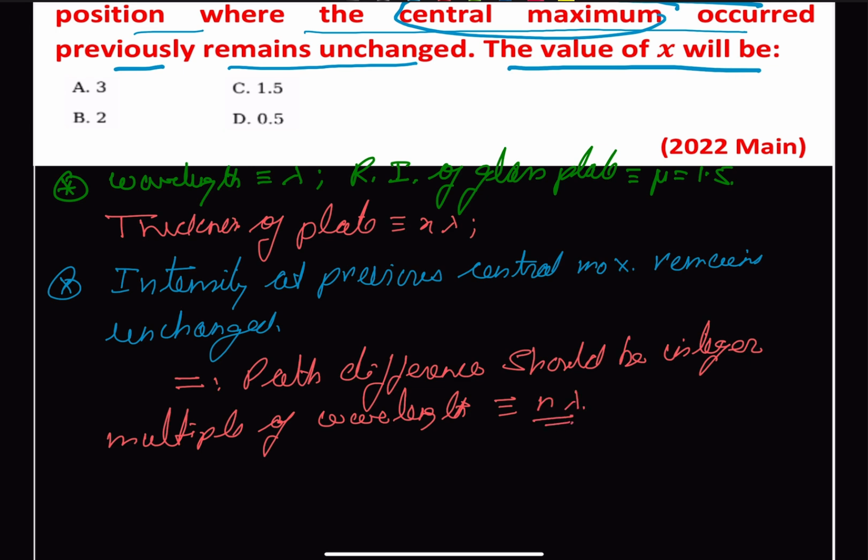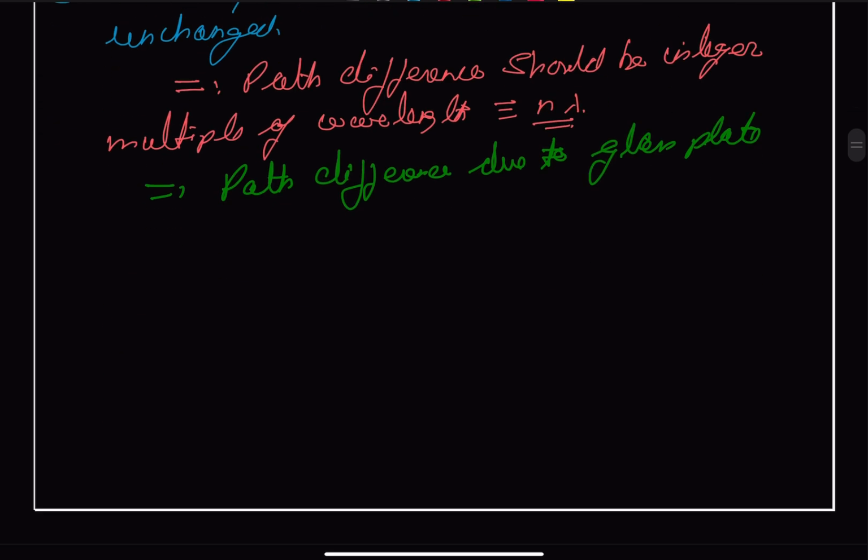And also, because of the insertion of the glass plate, the path difference is given by mu minus 1 multiplied by t. So we also say that the path difference due to the glass plate is mu minus 1 multiplied by t.